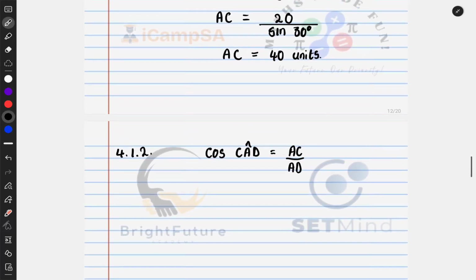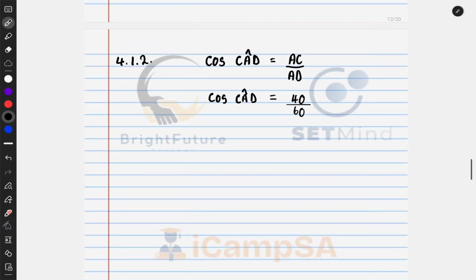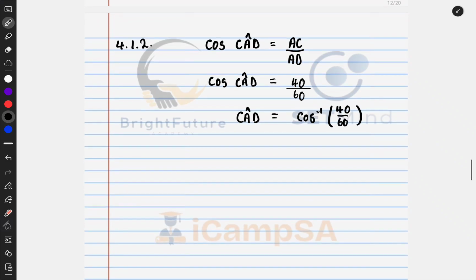We know that AC is 40 units, so cos of angle CAD is equal to 40 over AD. The hypotenuse side is 60 units. Therefore, let's make CAD the subject. We're going to have cos inverse of 40 over 60, let's just put 40 over 60 as it is.